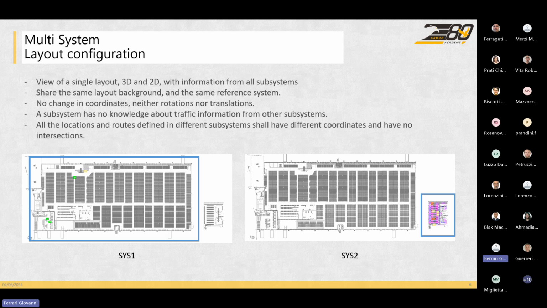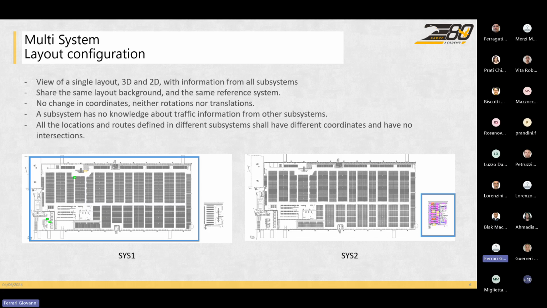One important aspect about this is that the two layouts need to really be independent. So we saw in the first slide that from an architectural perspective, we are going to have multiple instances of SMART.